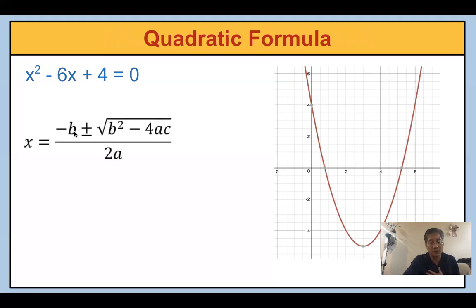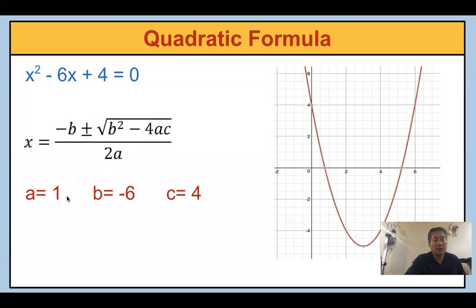That's all we do. So let's figure out what is A. A is 1, right? B is here, negative 6. C is 4. Everyone get it?